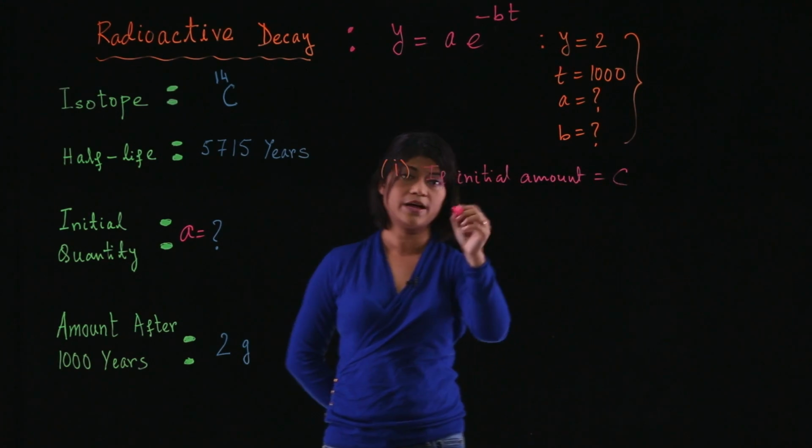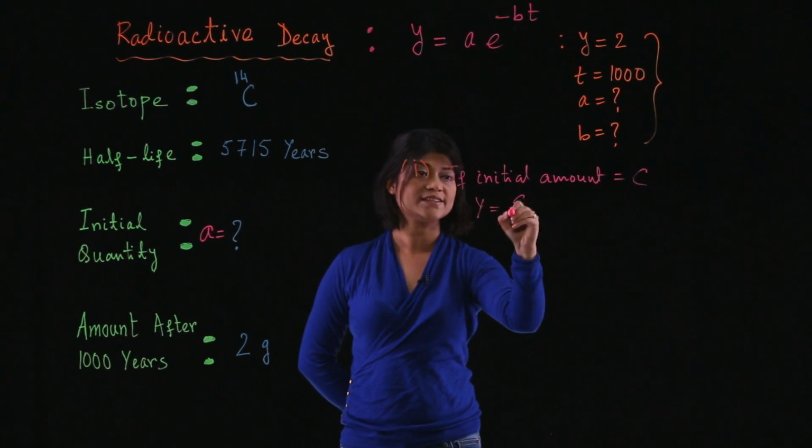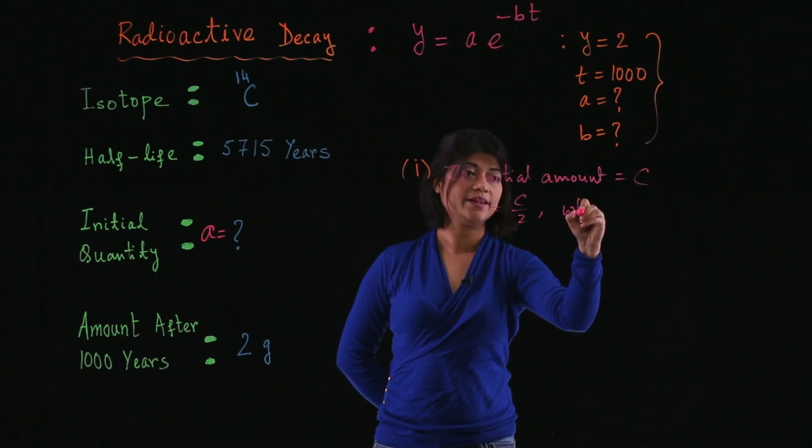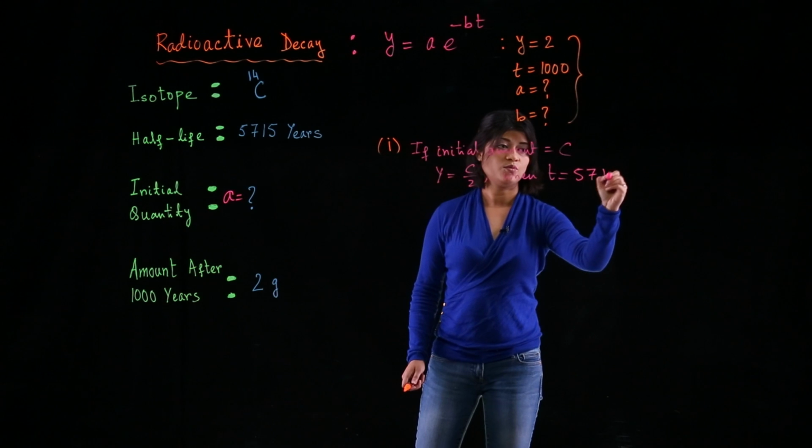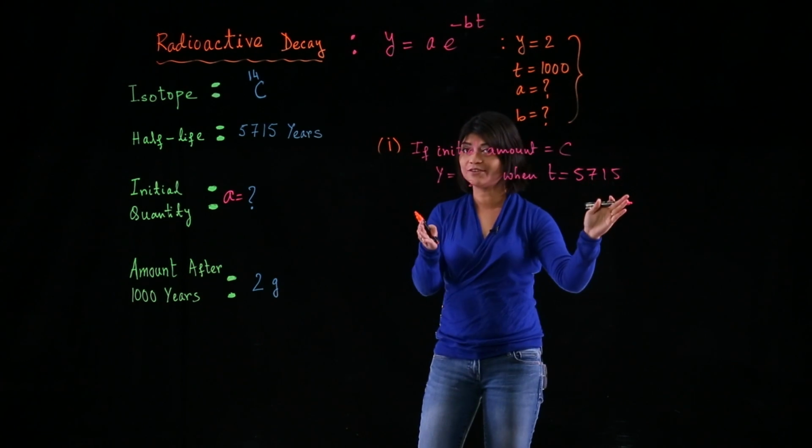So if this is the initial amount, then the final amount is c over 2 when time was 5715.